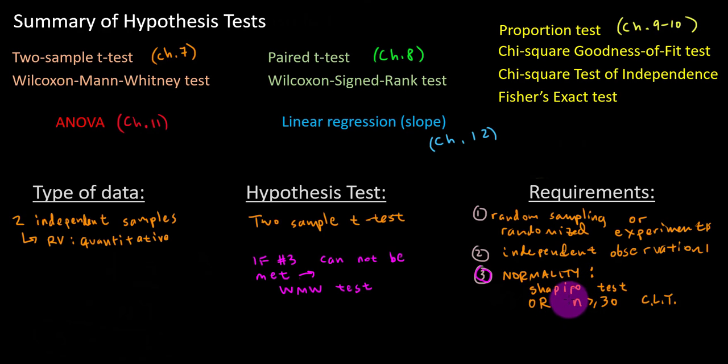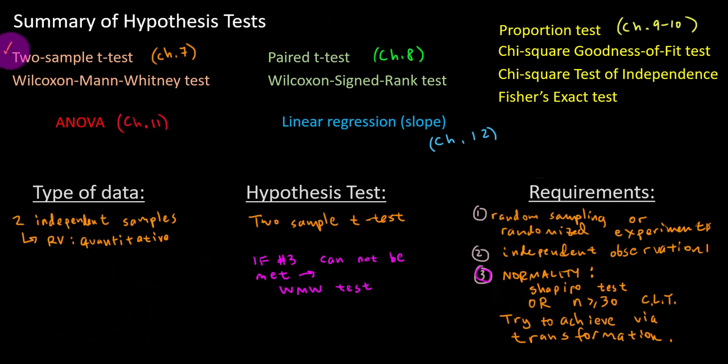There are other tricks up our sleeves, right? Like we can try to meet this normality requirement via transformation. We saw log and square root. So if you cannot meet the requirement for normality in some way to do the two-sample t-test, then we've got our backup test, which is the Wilcoxon Mann Whitney test.